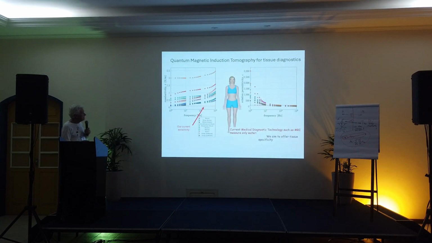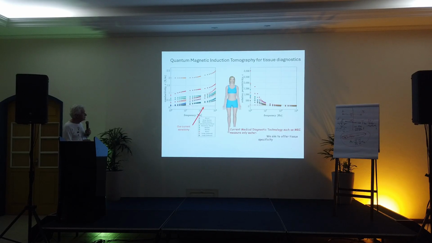Right? So where we want to be is we want to detect the difference between various kinds of biological tissue, and here we plot the conductivity of different types of tissue like gray matter, white matter, muscle, nerves, heart. And this is our current sensitivity.